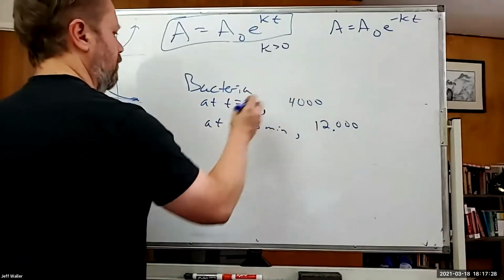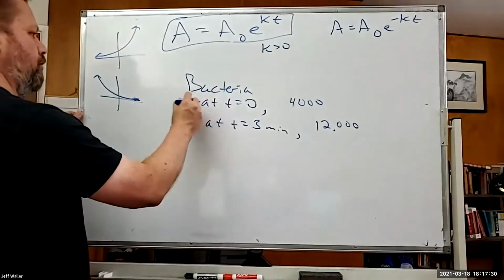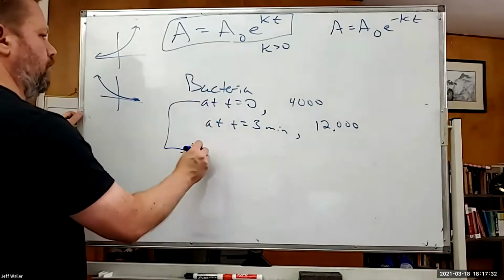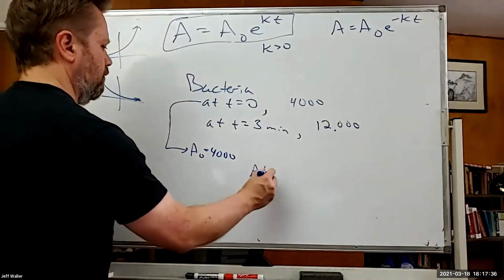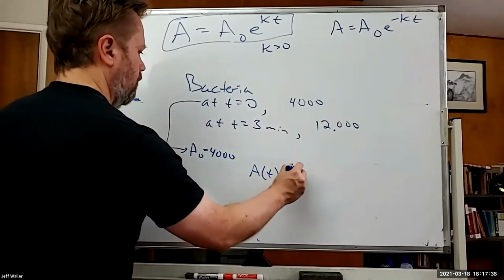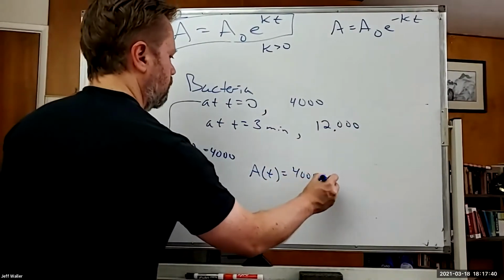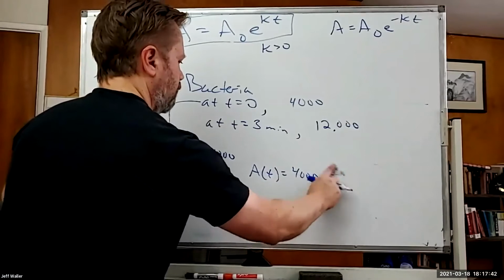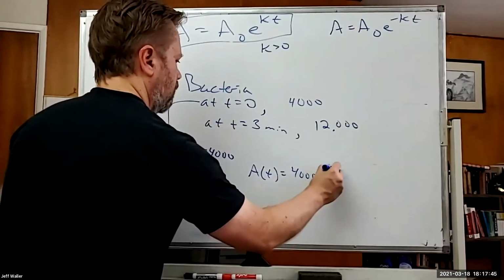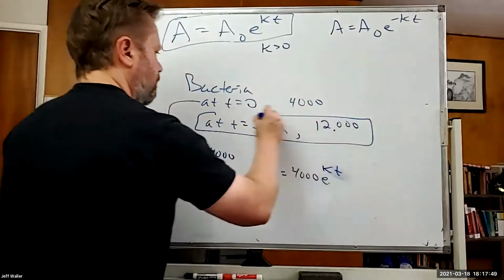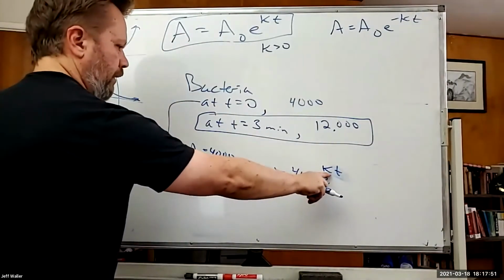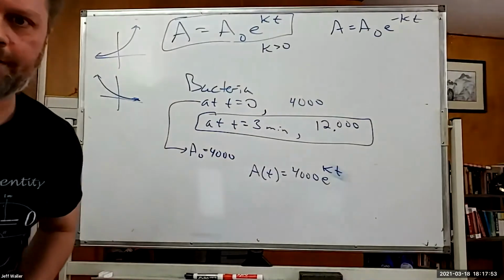So from this one, I know A0 is 4,000. So now I can write the equation, and now I can use this information to help me figure out the only remaining parameter, which is the k.